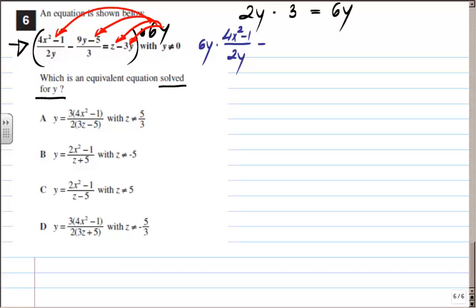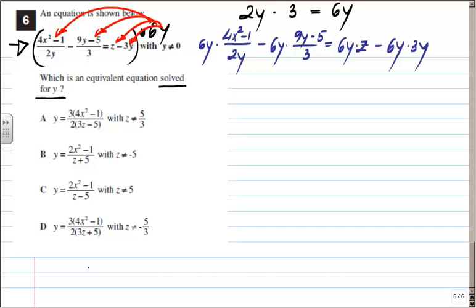Next, minus, I'm going to multiply my 6y by 9y minus 5 over 3. So I have 6y times 9y minus 5 over 3 equals, do the same thing to everything on the right, 6y times z, minus 6y times 3y.